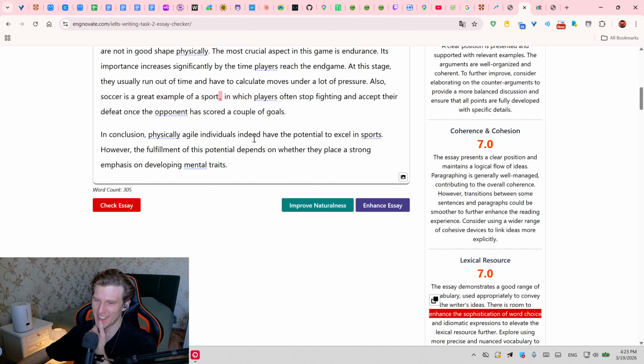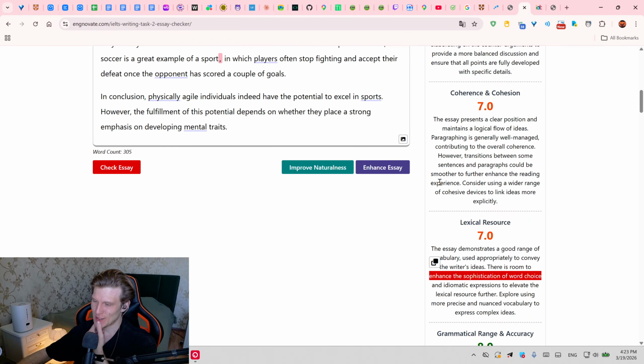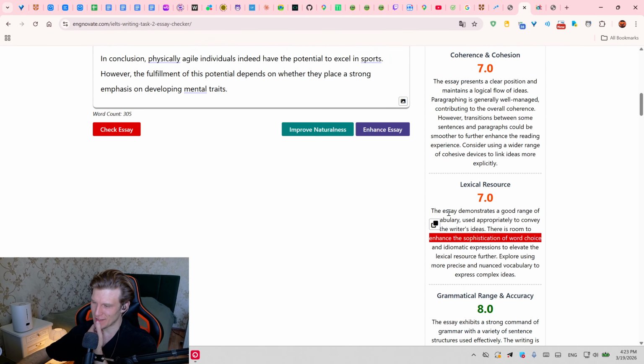Physically agile individuals and fulfillment of this potential place a strong emphasis on developing mental traits. And you think that's not sophisticated enough? No, I wouldn't trust that, to be honest. Explore using more precise and nuanced vocabulary to express complex ideas.